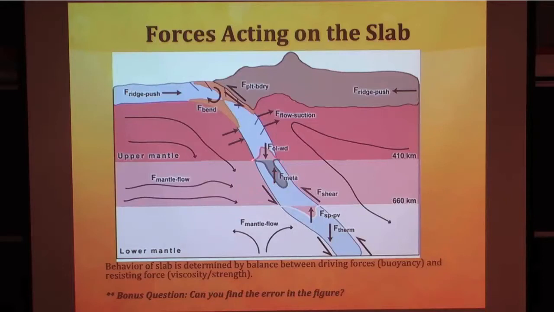Alternatively, if you don't easily transition from olivine to wadsleyite, you can have a metastable phase within the slab, which means the buoyant phase is being dragged down into the transition zone. This green tongue is less dense than the surrounding area, so it has a negative buoyancy, a negative density difference.